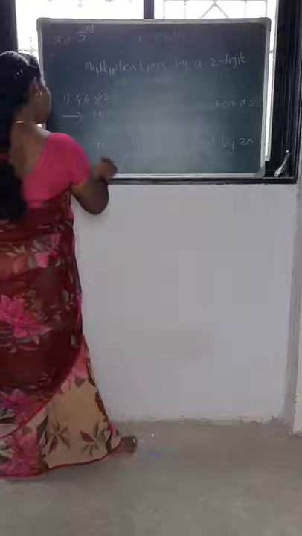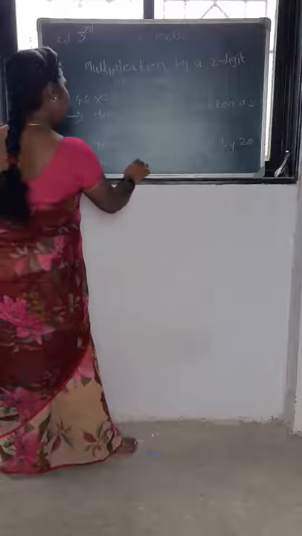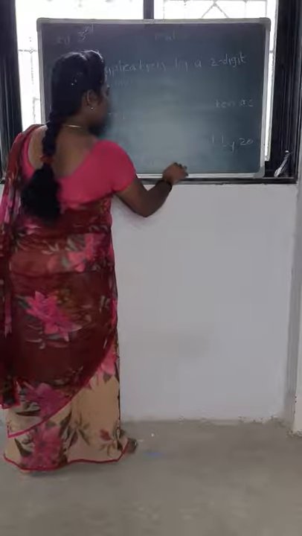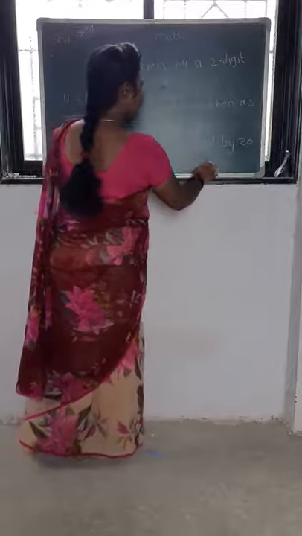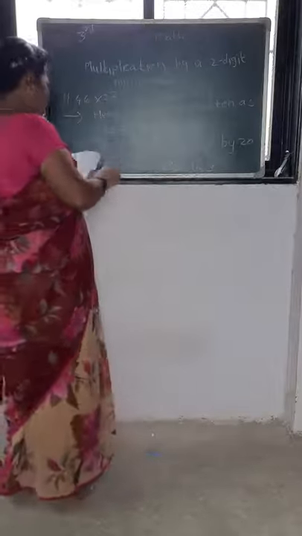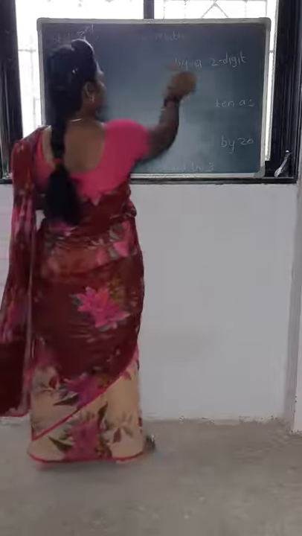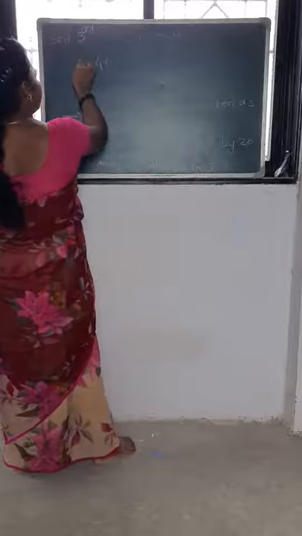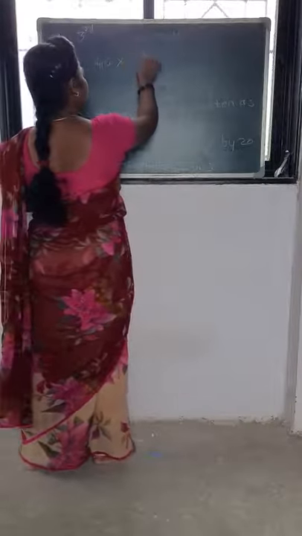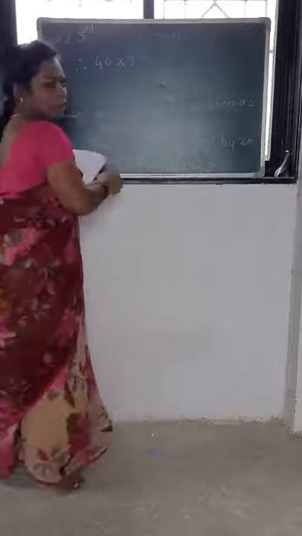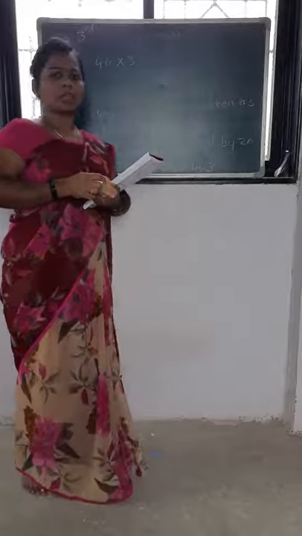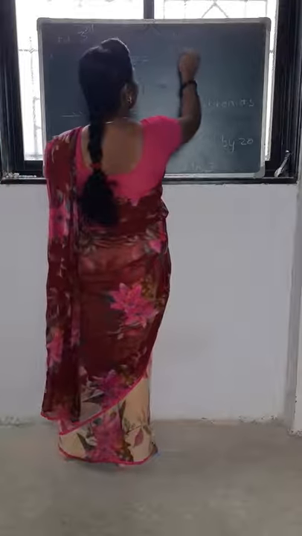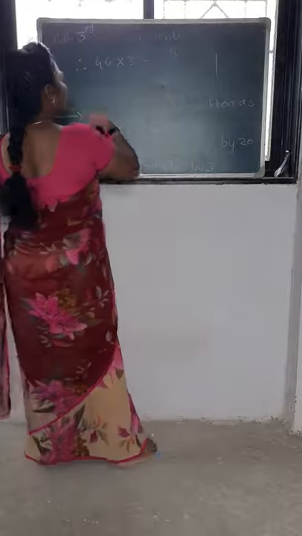Next, 46 multiplied by 3. 3 6s are 18. 8 is in the ones column and carry 1 to the tens.